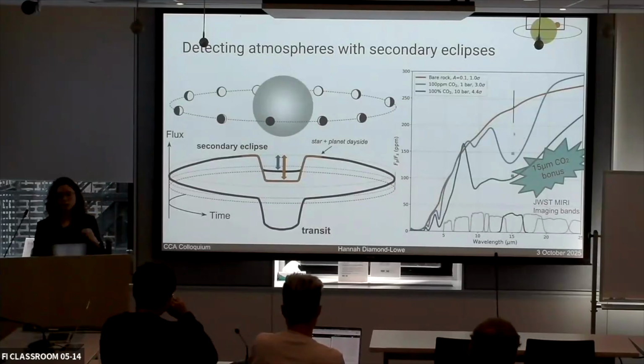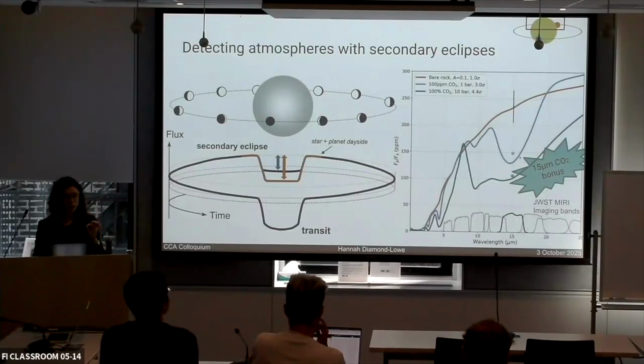So this is a really solid feature we can look for. That's important because it gives you this extra difference between the atmosphere case with CO2 and the bare rock case. So it's kind of a narrow question of atmosphere, but it is one that we think is at least robust. And CO2 is a common molecule. Why not look for it?